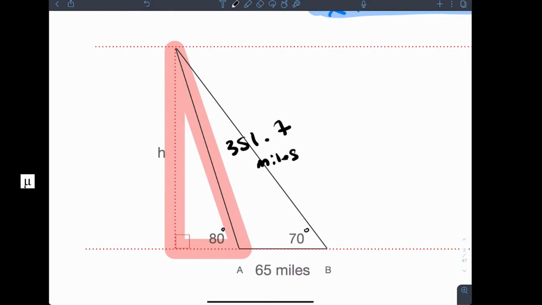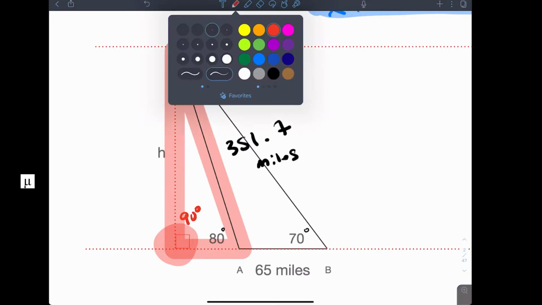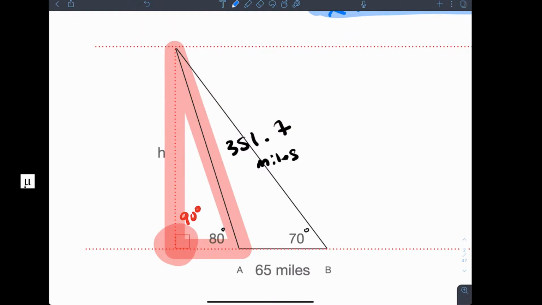So far, so good? And all we need, if we are in a right triangle situation, here it is. 90 degrees, right? What's your definition? You have hypotenuse, you have opposite. Which trig ratio do you use? Sine. So you have sine of 80 degrees, by definition, is h over 351.7. Solve for h.